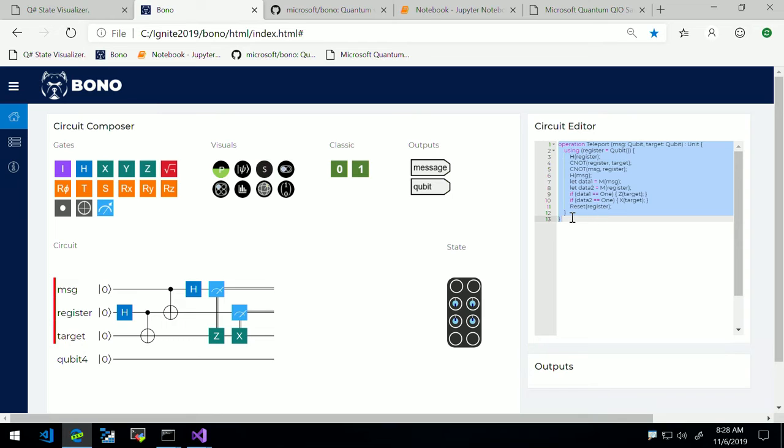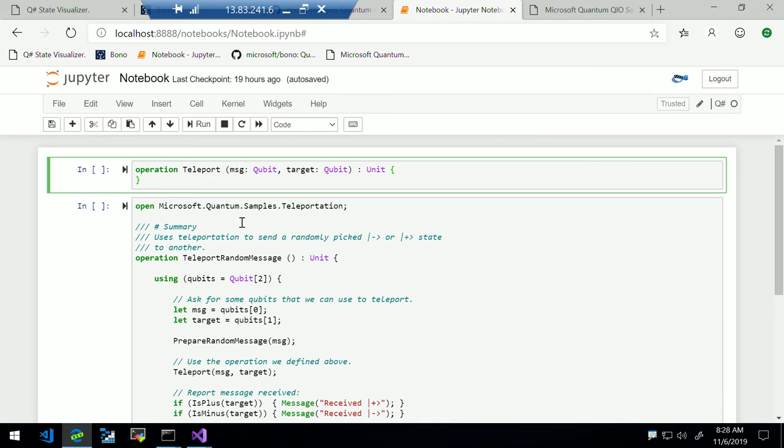And what I'm going to do, this is a cool thing about Bono, is that it's got this circuit editor that shows you the equivalent Q-sharp code. And you can take that Q-sharp code and drop it into a Jupyter Notebook service on the quantum development kit, the QDK.